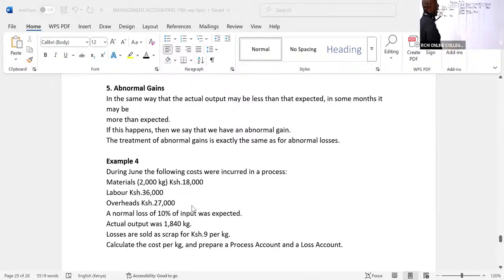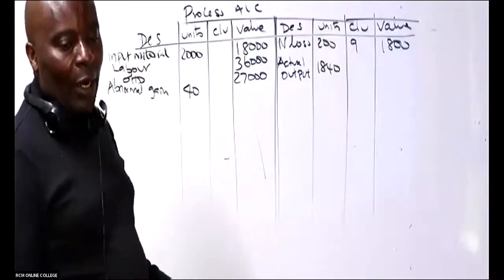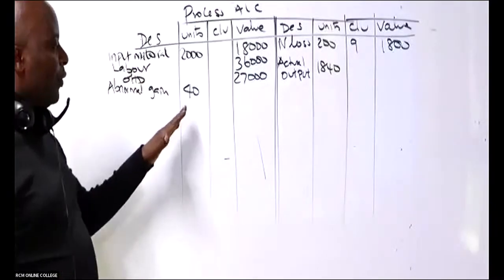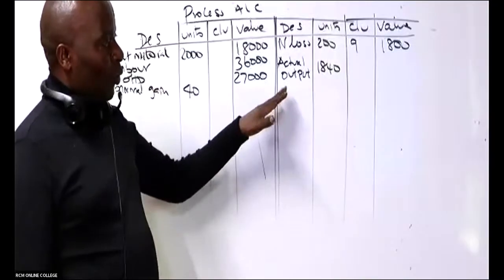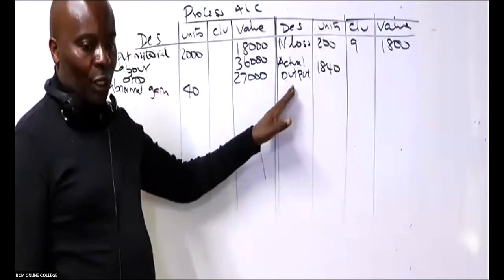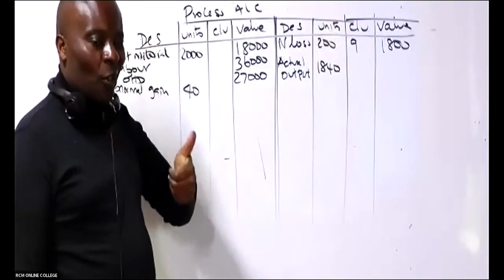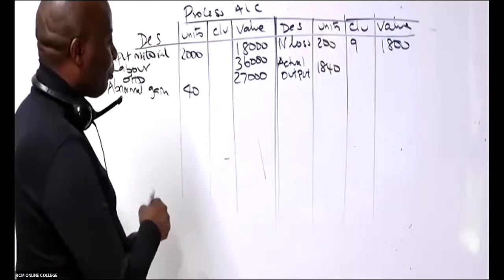So then I only have two things to value here. I would want a value for the abnormal gain. I would want a value for the actual output. So for these two things, I'll have to use the process cost per unit formula.